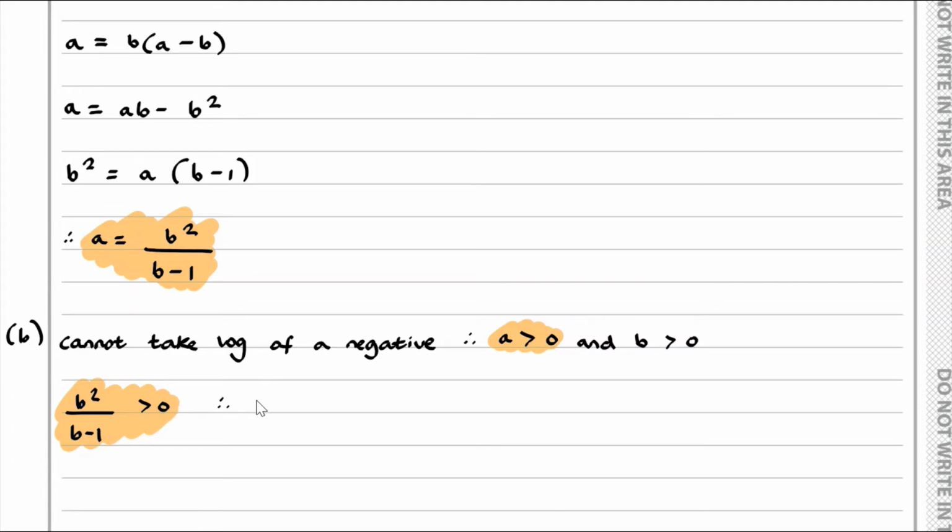So therefore B minus 1 must be greater than 0, because B squared is greater than 0, and therefore B is greater than 1. So therefore A, that's greater than B, which is greater than 1.